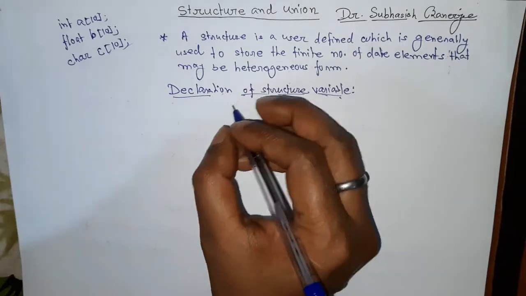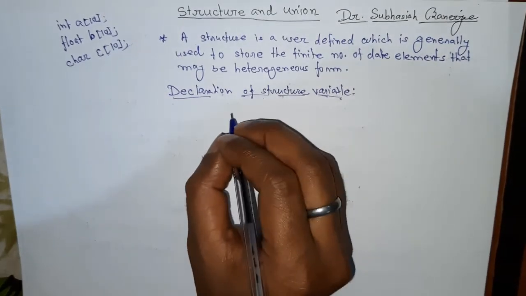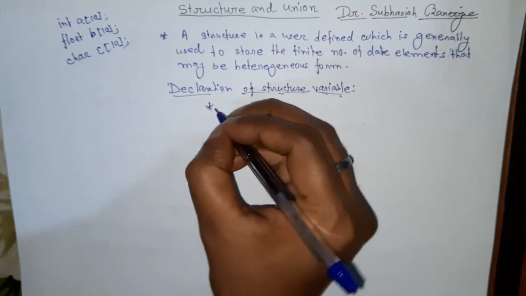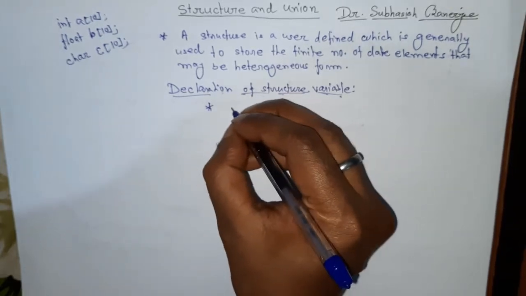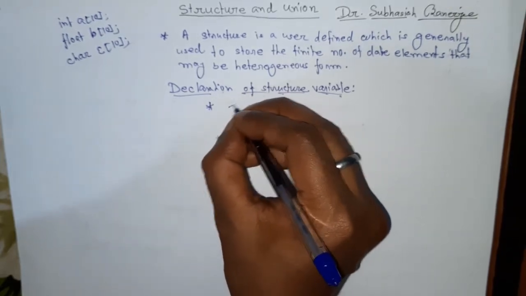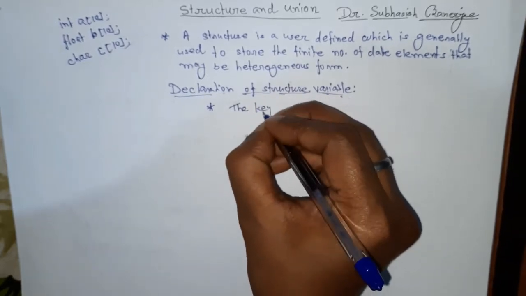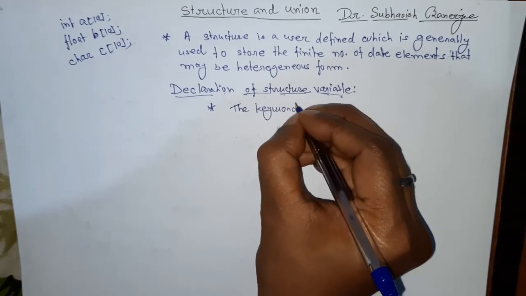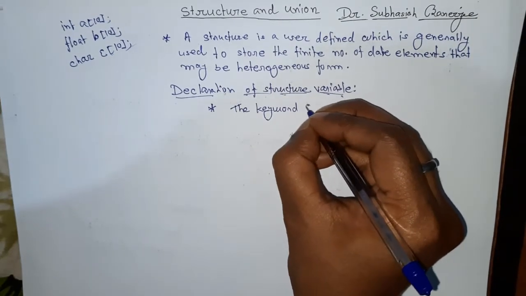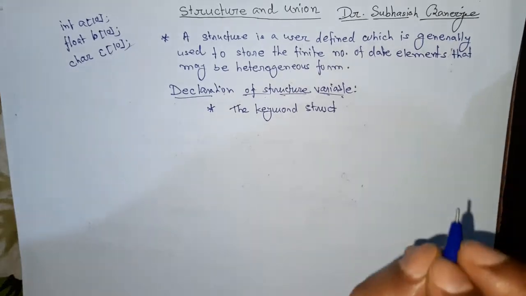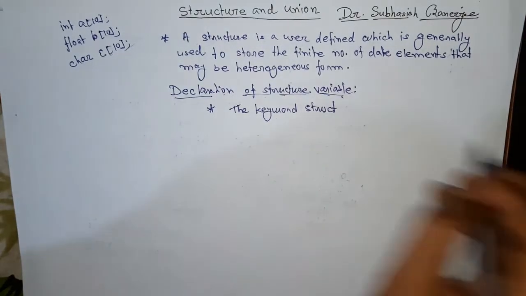If you want to use the structure variable, you'll have to keep in your mind only four things. The first point: the structure always starts with the keyword struct. So whenever we want to use structures, we'll have to use this keyword struct.